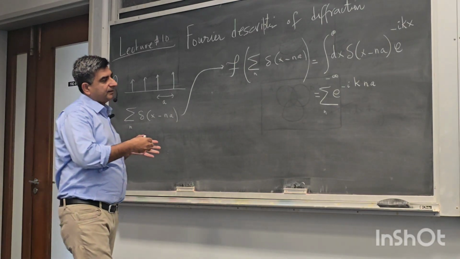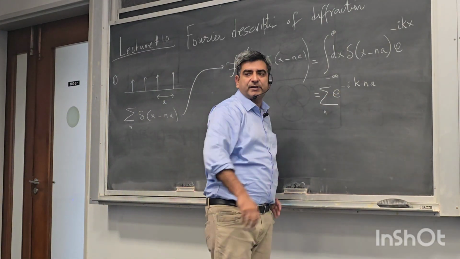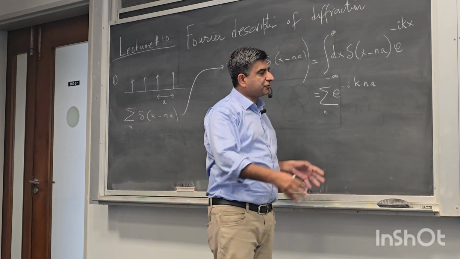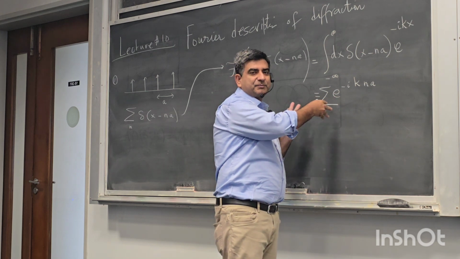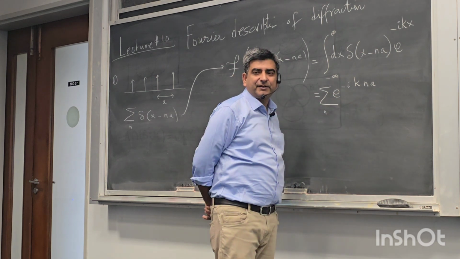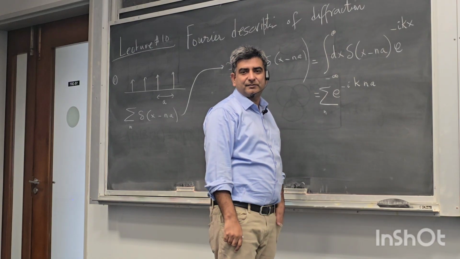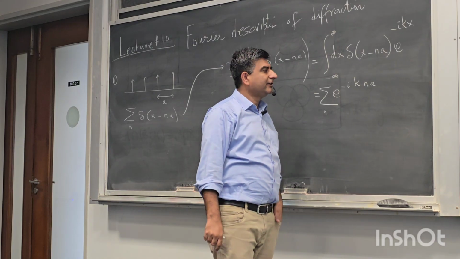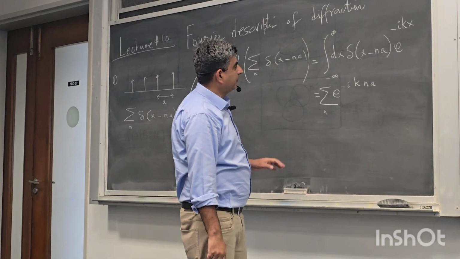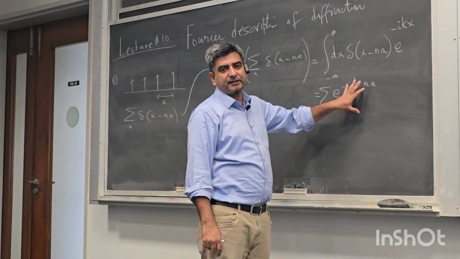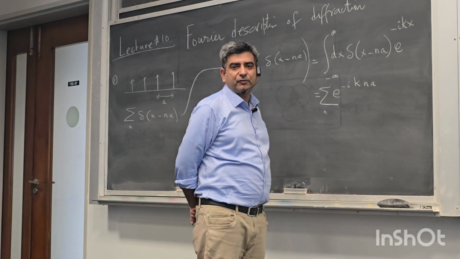So it's an infinite sum of exponential functions. Now we can show that this infinite sum of exponential functions is really equal to a train of impulse functions, right? So what we could do is we could take this function and express it as a Fourier series.